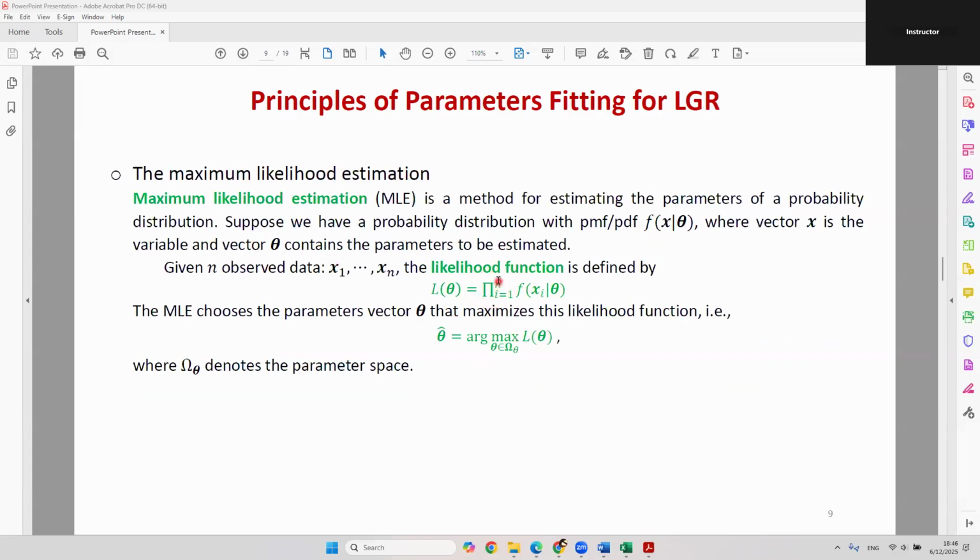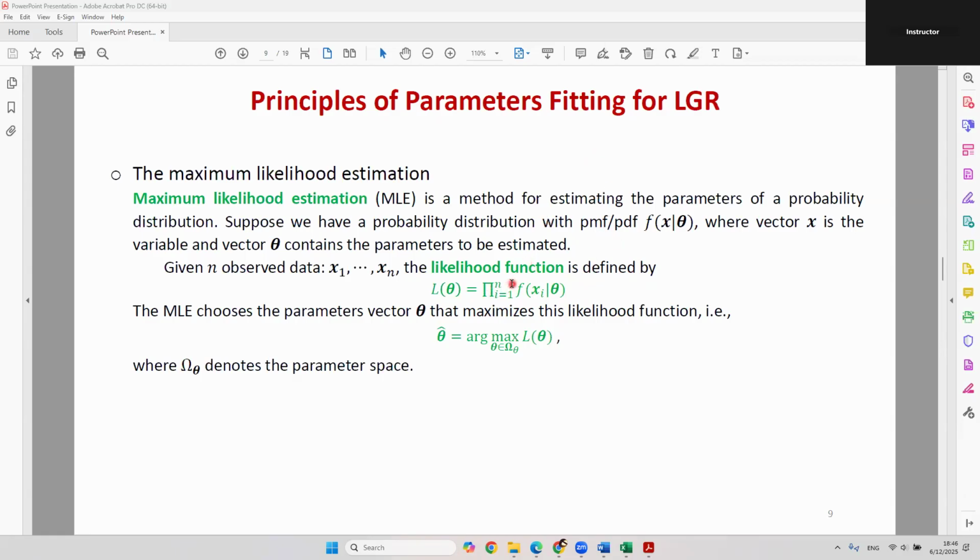Similarly, here we have a multiplication, and we typically don't like multiplication because it can make our calculation more difficult. Why? Think about this PMF or PDF calculation: it can make the number very small, especially a PMF, which is between 0 and 1.